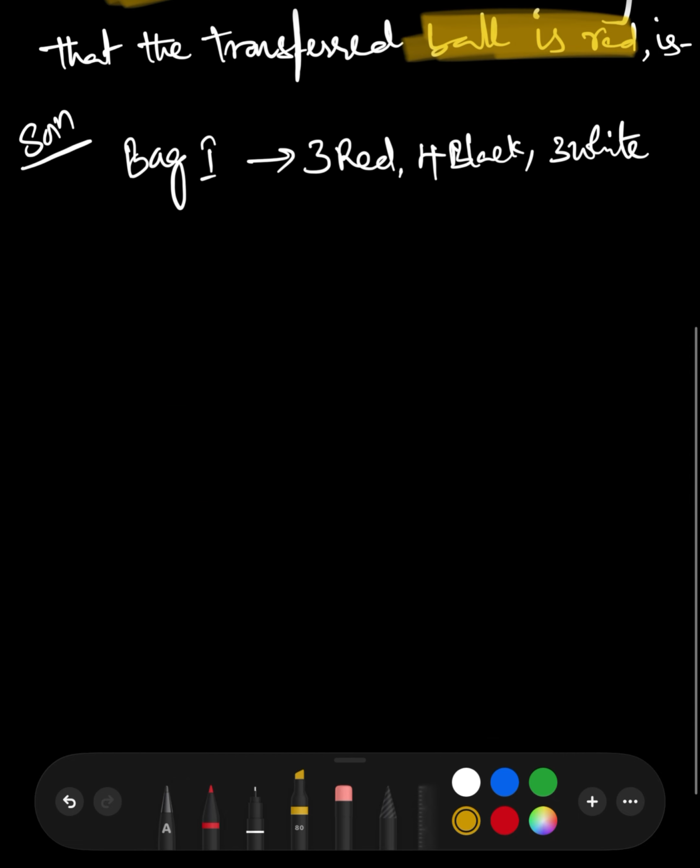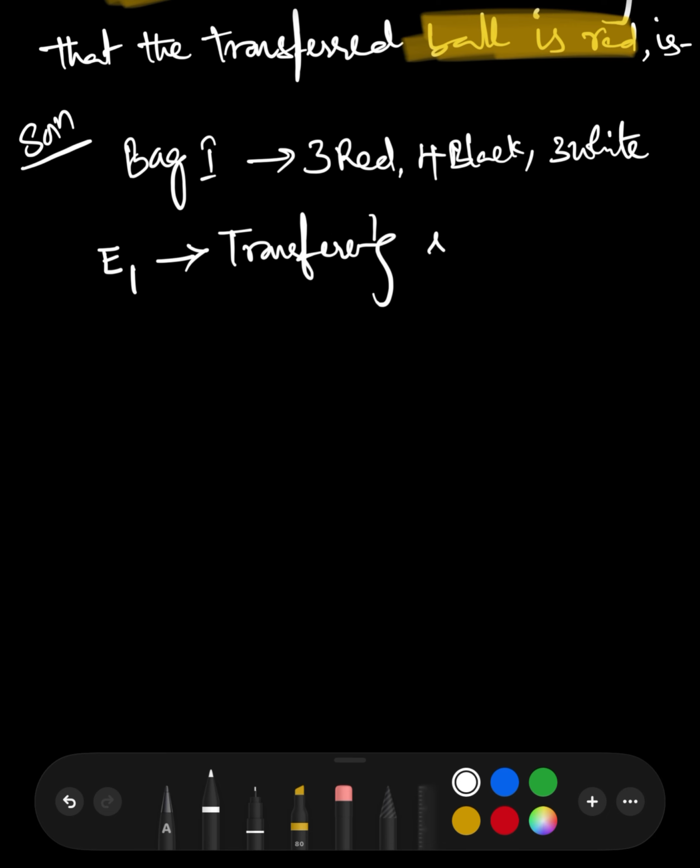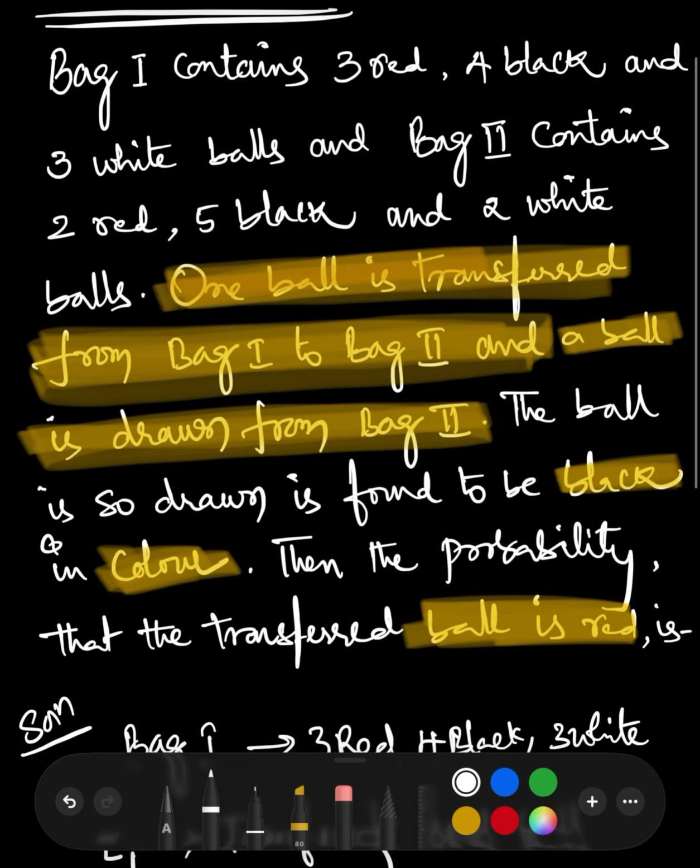Now coming to the question. Now here let us say event E1 is the event of transferring a red ball. Then if we transfer a red ball, how many red balls are in bag 1?